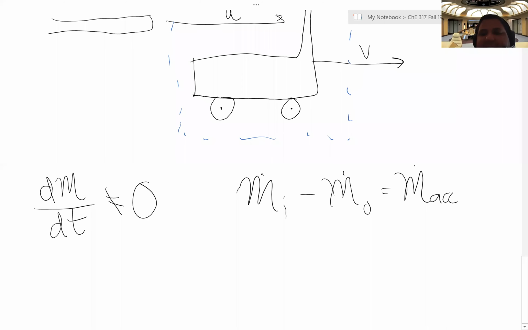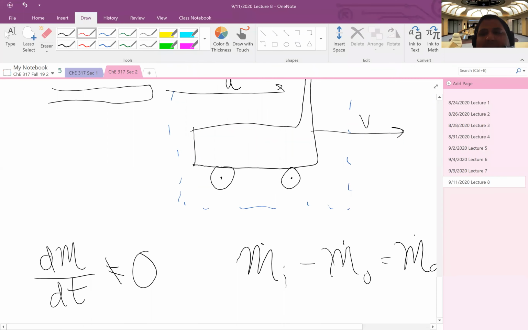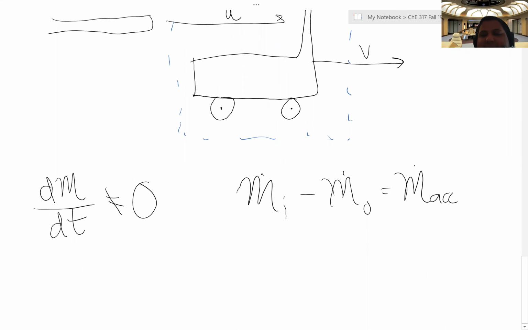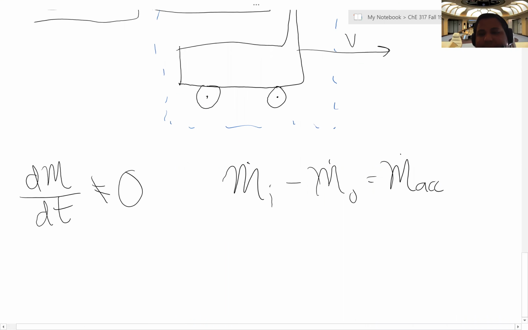just really generic momentum balance, momentum in minus momentum out is a result of the momentum accumulation, I can ask myself, is there momentum in? Is there momentum out? And is there a net accumulation of momentum?